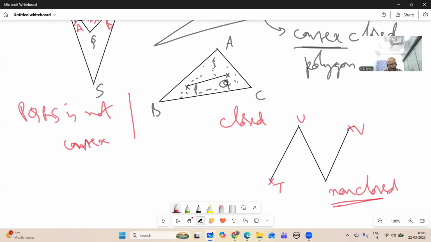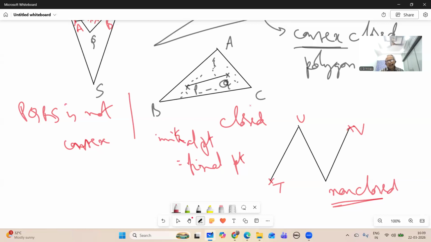So in this figure the initial point is equal to the final point, the terminal point or end point. So this figure is called closed, whereas the other figure is not closed.